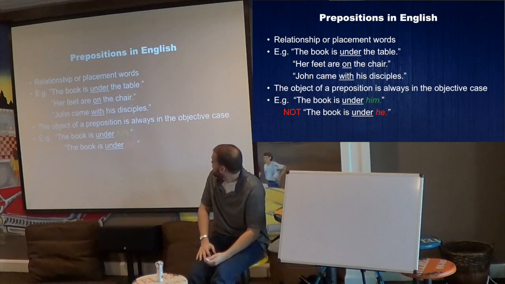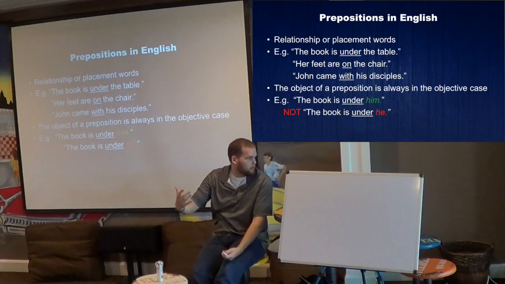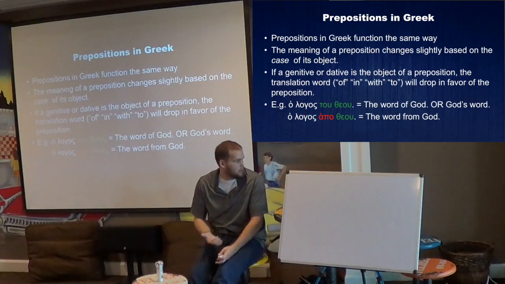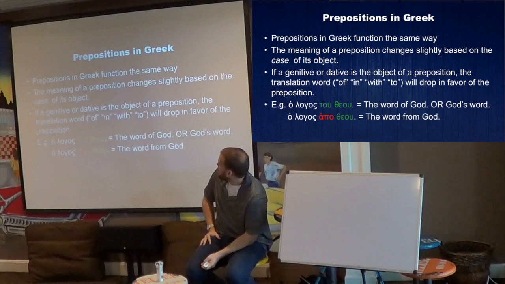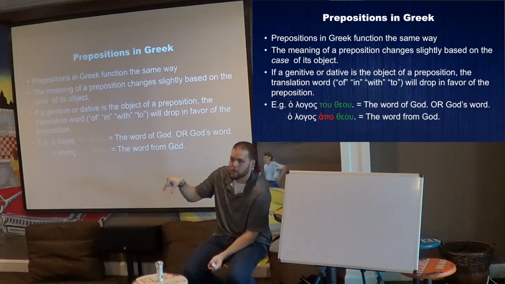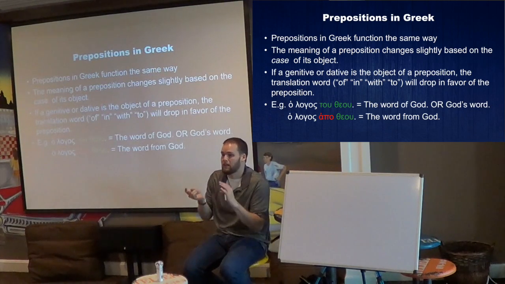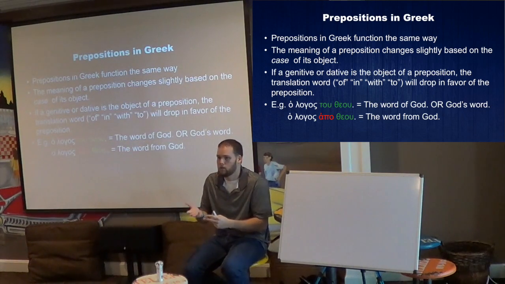That's right. All of those rules essentially apply the exact same way in Greek. They function the same way. They tell you a relationship between two nouns. And the meaning of a preposition changes slightly based on the case of its object. So prepositions can be used with either a genitive or a dative or an accusative.